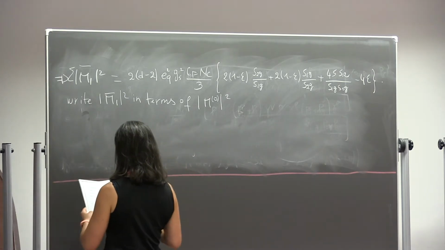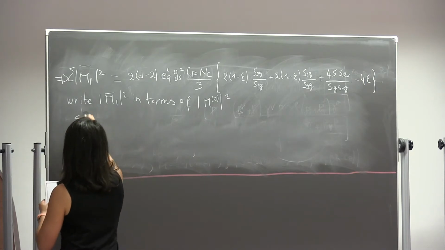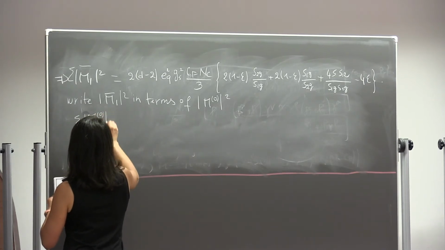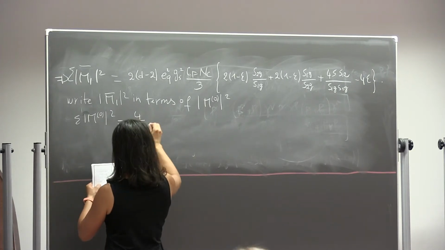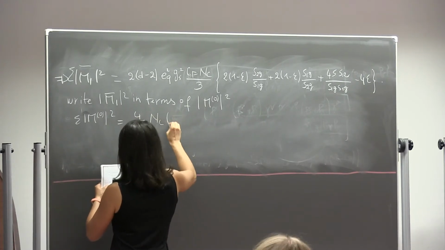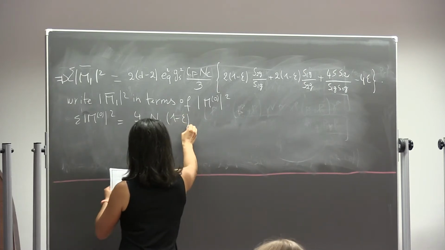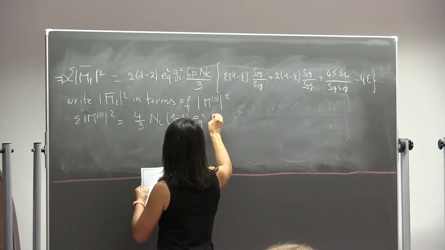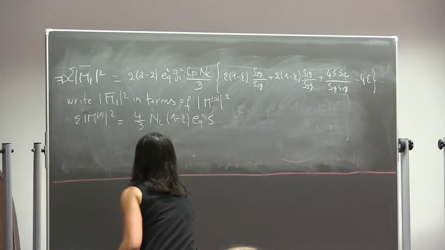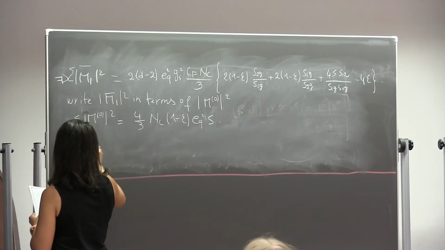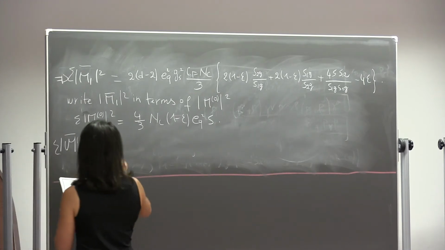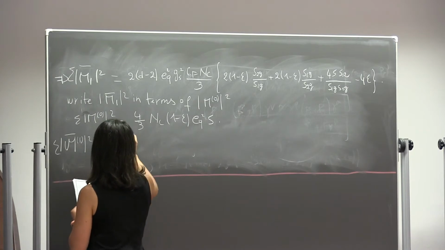So m0 squared we found equal to 4/3 NC times 1 minus epsilon EQ squared S, and therefore my amplitude squared becomes the following.